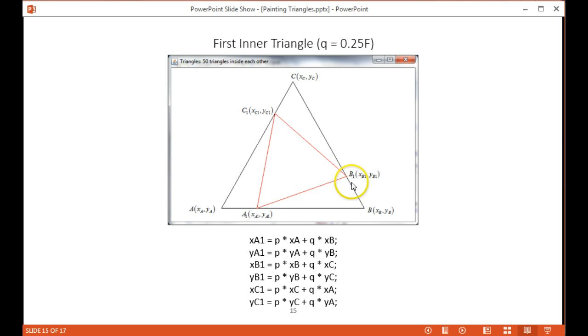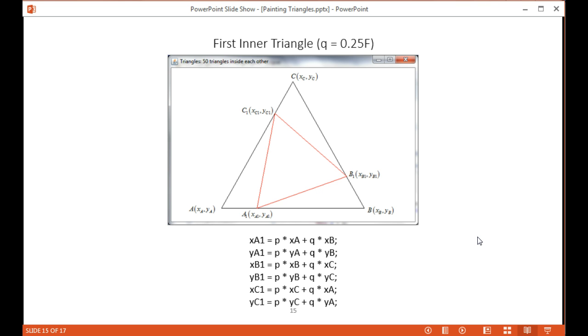That means all these red lines are exactly the same size, so we've made another equilateral triangle inside this equilateral triangle. We've verified that we can use all these calculations to find our A, B, and C.